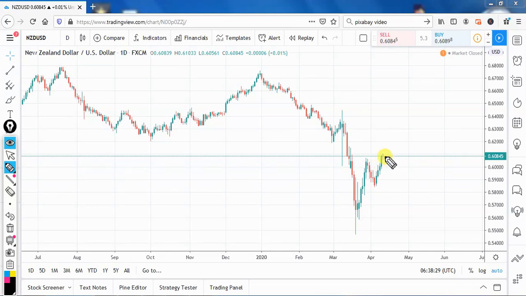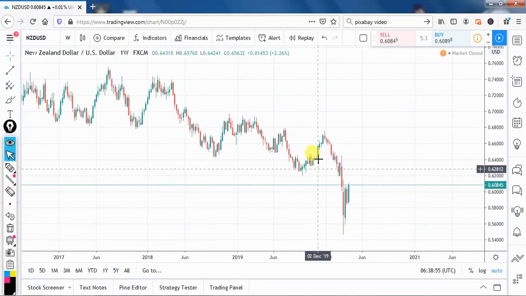I want to see weak candles. Ideally that happens in maybe two days, then I will be looking to go long, so it will class as a retracement.